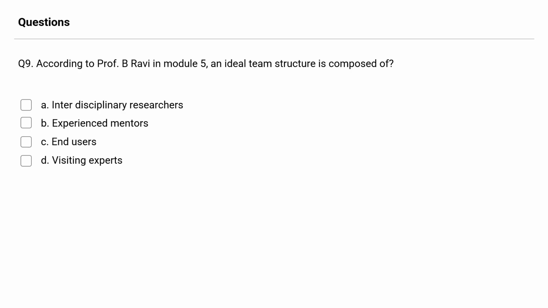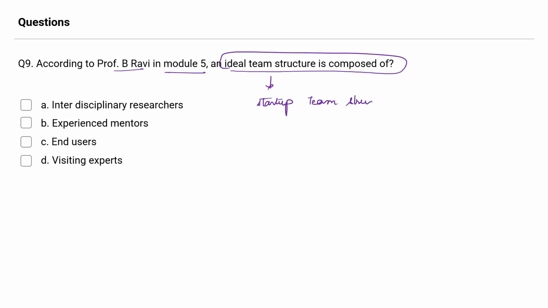Let's come to our ninth question. According to Professor Ravi in Module 5, an ideal team structure is composed of. तो किसकी बात हो रही है? We are talking about the startup team structure. Options are interdisciplinary researchers, experienced mentors, end users, and visiting experts.